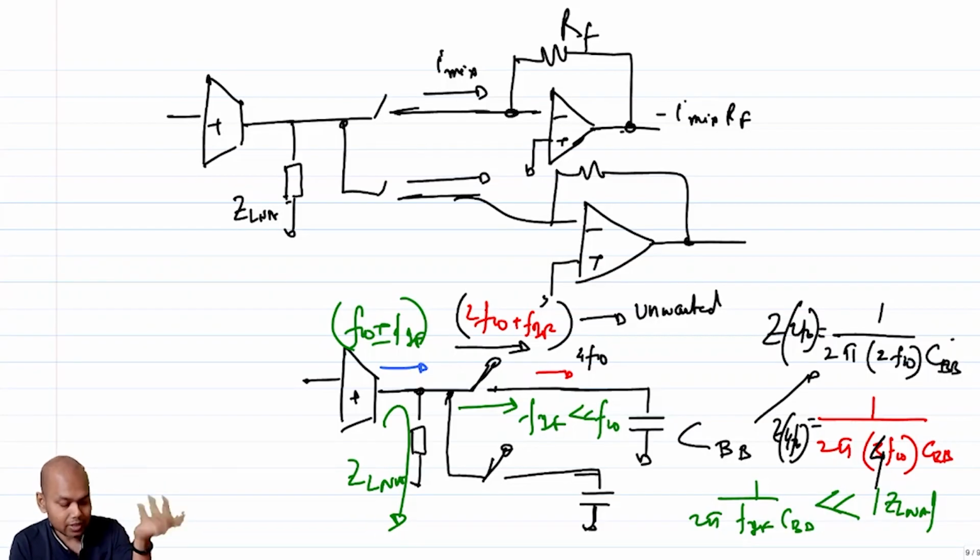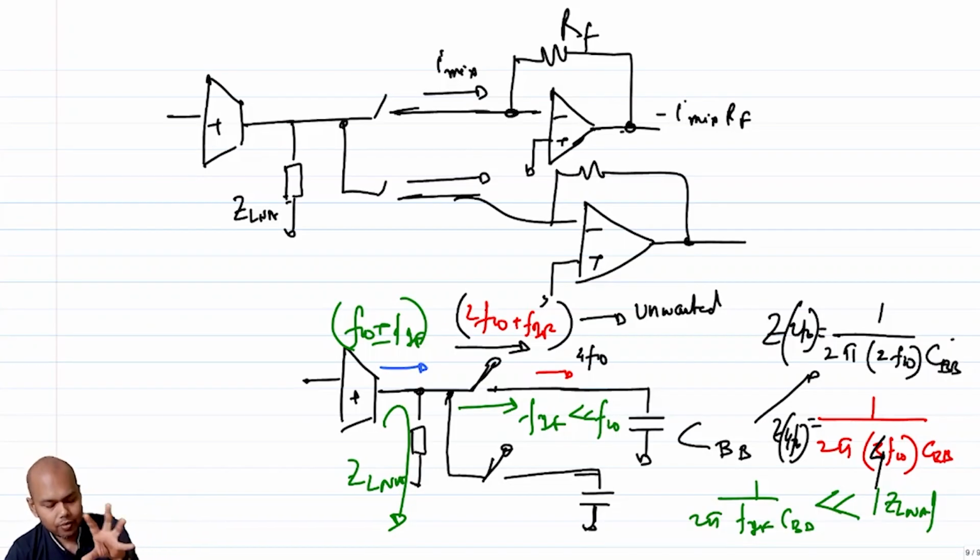This means the entire contraption will seemingly look like it has only a single tone at the output of the LNA, a single tone of FLO plus FIF. And across these baseband capacitors, it will seem like only the FIF component exists and the others have been filtered out. Now, it will never be fully filtered out, right?